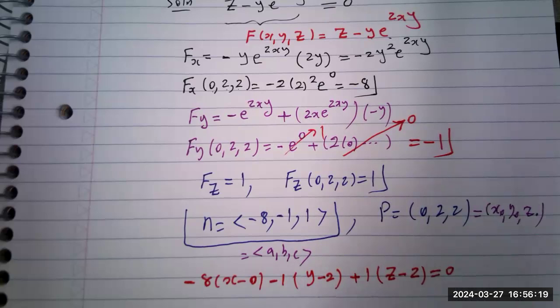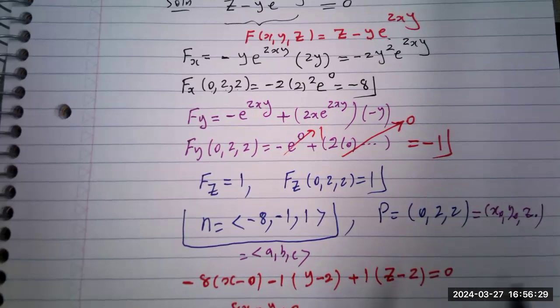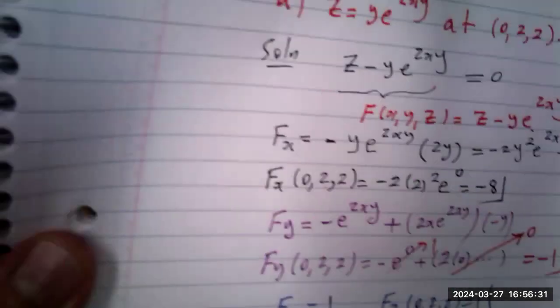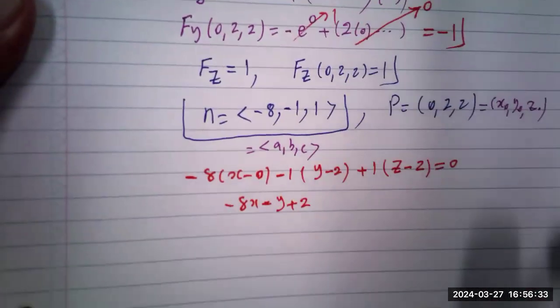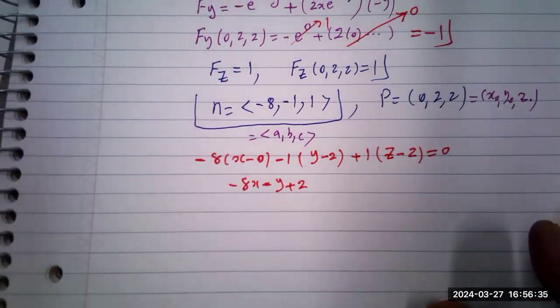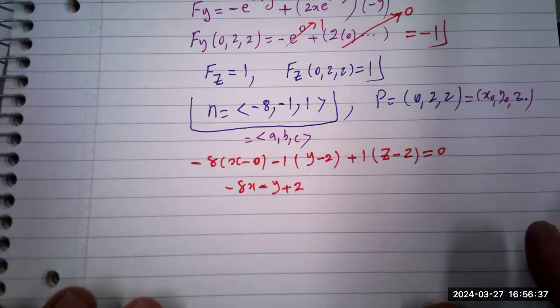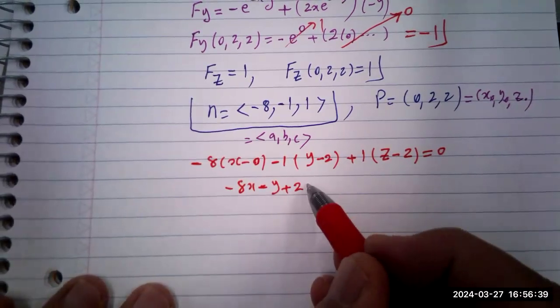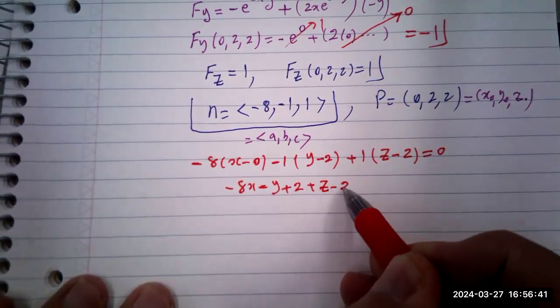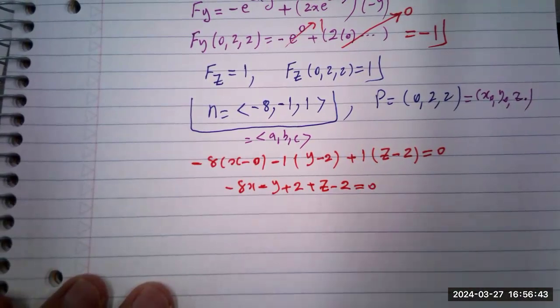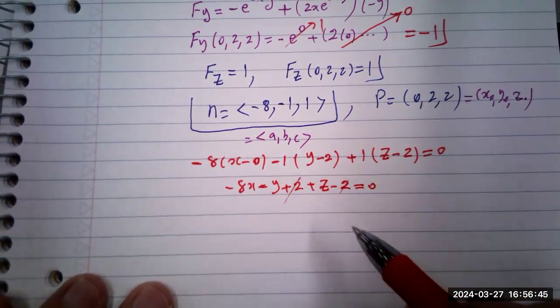You have to simplify it. So that gives you -8x. You apply this negative sign inside, it's going to be -y plus 2. And the last part would be z minus 2 equal to 0. These two would simplify.